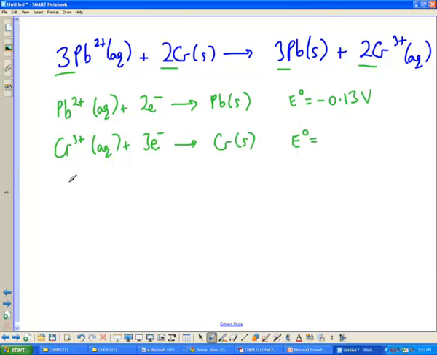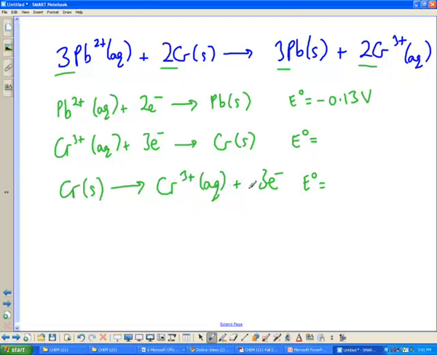Or, if you want to do it this way, you can say chromium solid, just going off the overall reaction here, goes to chromium 3 plus. And if that's 0 and that's 3 plus, that must mean 3 electrons.